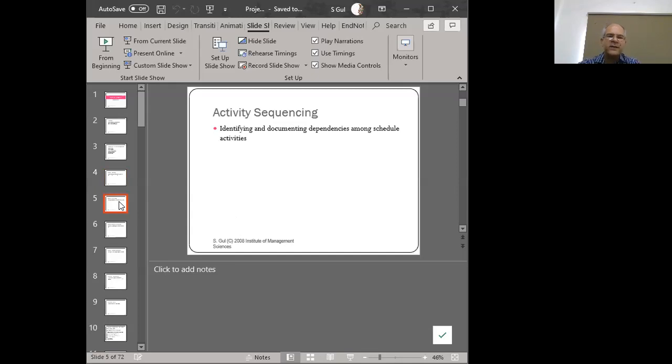Now, activity sequencing, as I said before, is simply concerned about identifying and documenting the dependencies that exist, right? Meaning what is dependent upon what precedes something, right? We're normally not very concerned about what succeeds a particular activity. We're more concerned about what precedes it, right?